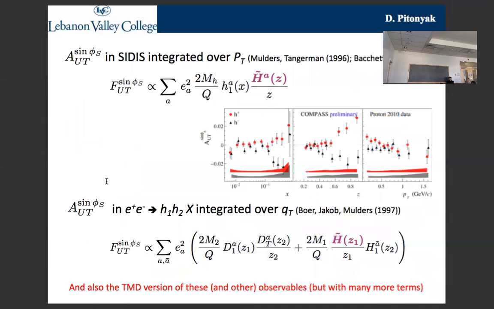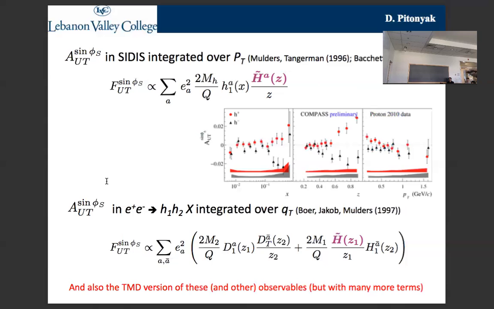Gunnar had this in his slide yesterday, that if I look at AUT sine phi s and Sidis, okay, the unintegrated version I think has something like 4 or 5 terms in it. But if you integrate over PT, you're actually left with 1 term, and it's exactly transversity times H tilde. Okay, and Compass has data, Hermes also has data on this observable, and it also shows up in the analog observable in E plus E minus.